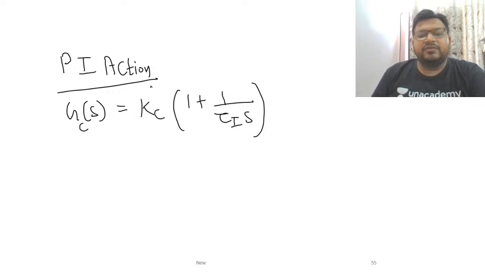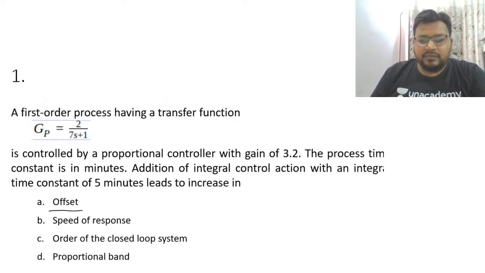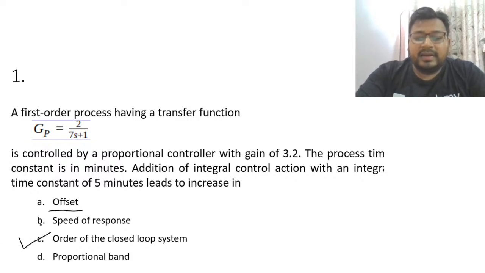It has first order dynamics. So the PI action has first order dynamics, and if it is connected with a first order system, then the overall order of the system will be 2. So guys, is there any increase in the order of the closed loop system? Yes, the order of the closed loop system gets increased. Okay, why?